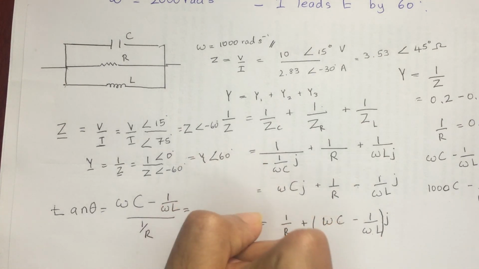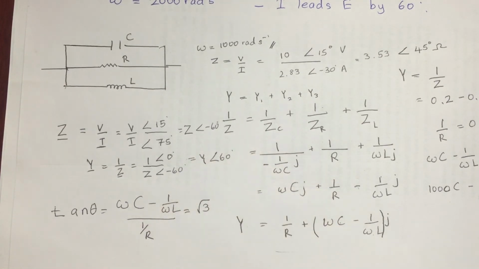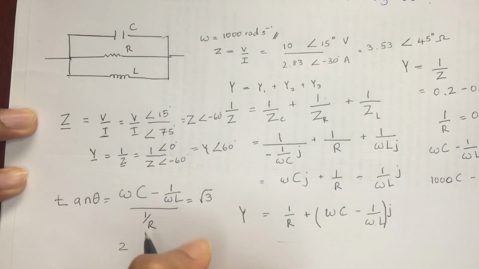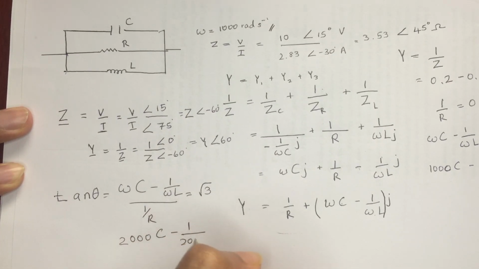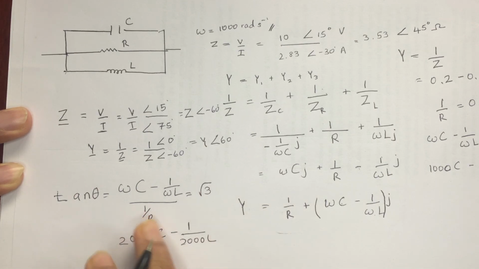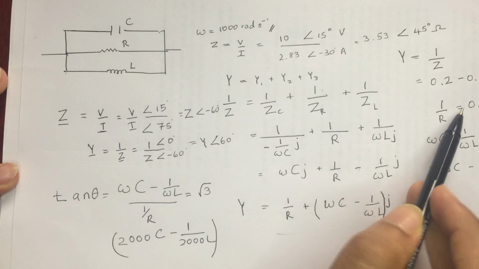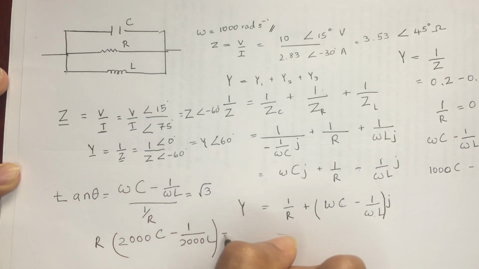So tan 60 is root 3. Here you need to substitute the value of omega as 2000, so 2000 C minus 1 over 2000 L, and if I bring that R above, we can find R. So it is equal to root 3.